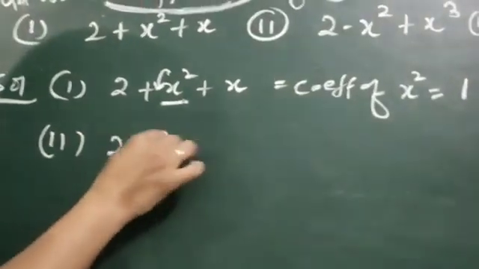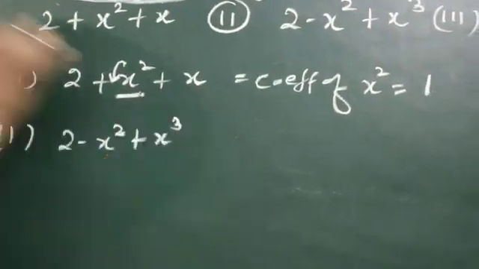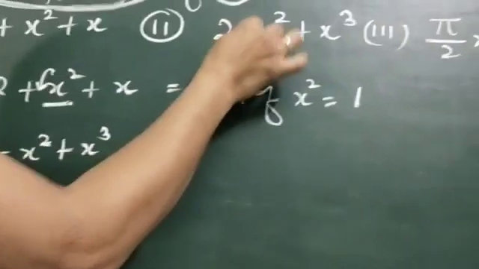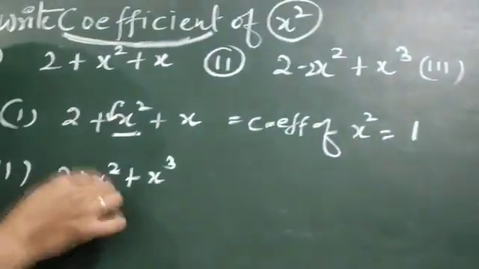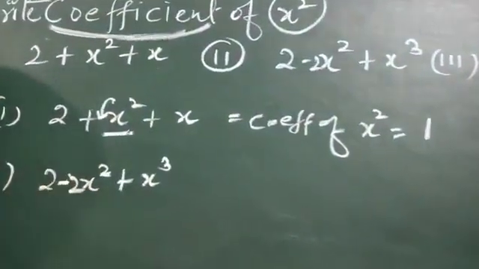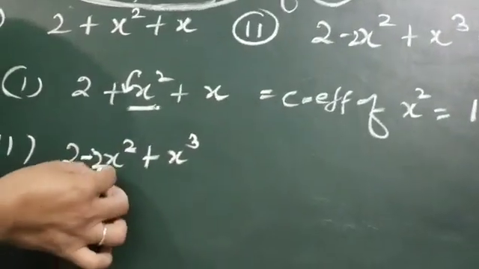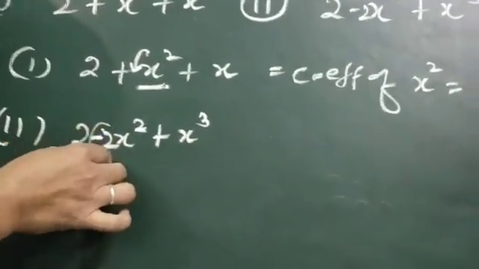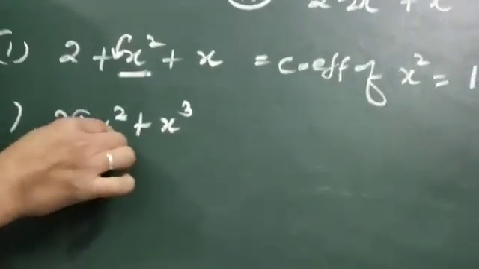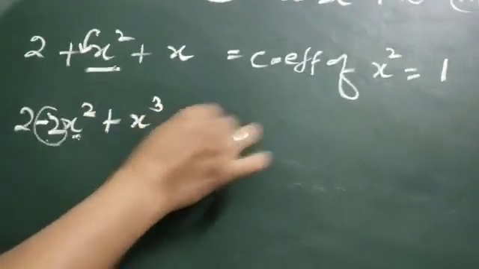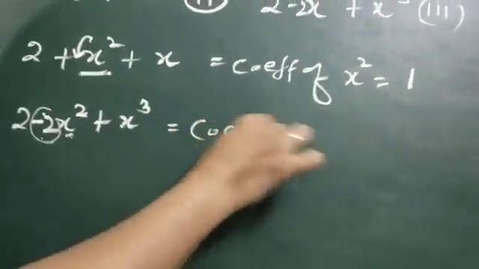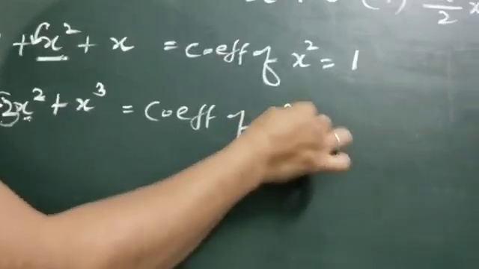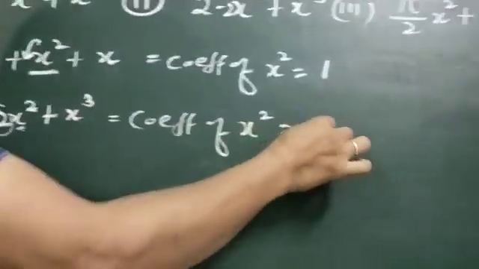In second one you have 2 minus x square plus x cube. We can take it as minus 1 x square. Then the coefficient of x square, the numerical value which is multiplied with the variable x square, is minus 1.